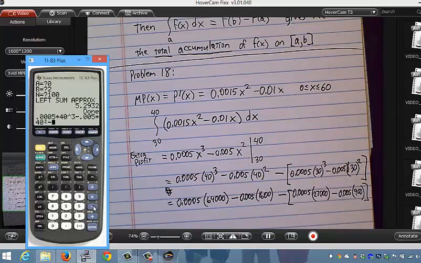And then what you might do, if I'm using the previous line, is you might put these big parentheses right here. So minus, open parentheses, 0.0005 times 30 cubed, and then minus 0.005 times 30 squared.